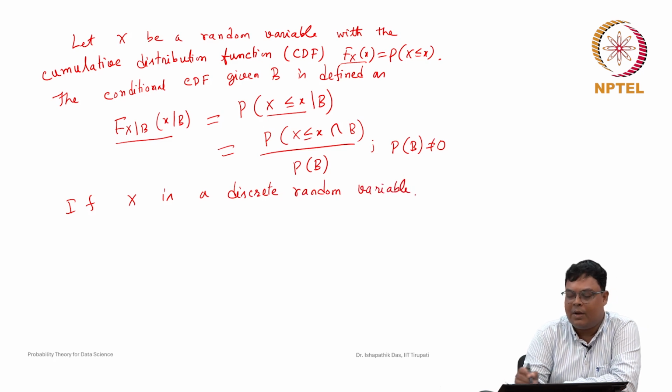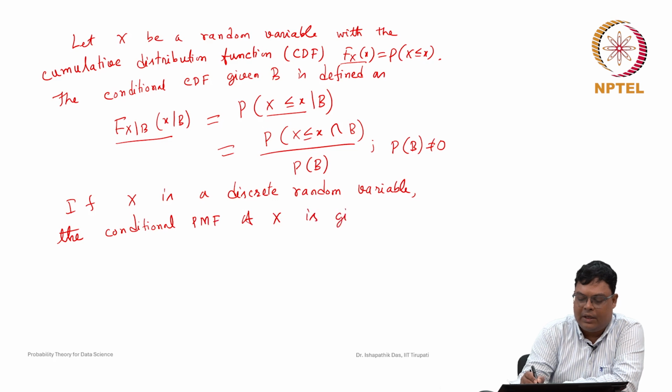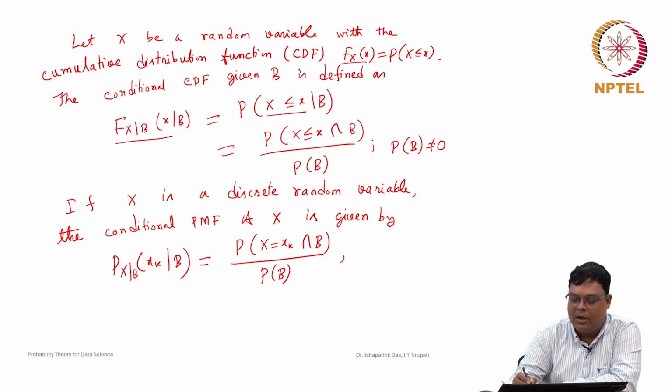If X is a discrete random variable, the conditional probability mass function of X is given by P_X of x_k given B. We already have P_X as the probability mass function of X, so we can write the conditional probability mass function of x given B. This is nothing but the probability that X is equal to x_k intersection B, divided by the probability of B, whenever the probability of B is not equal to 0.